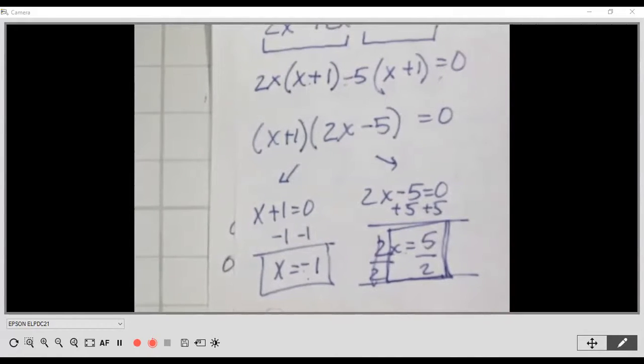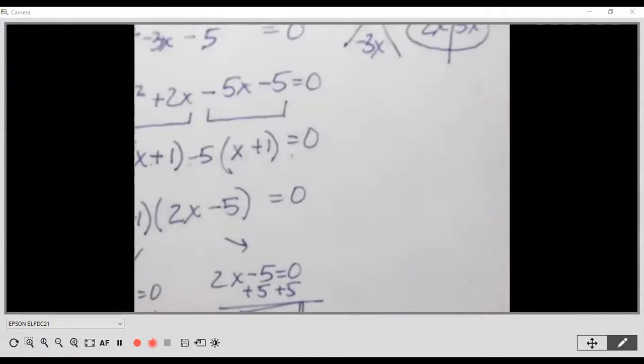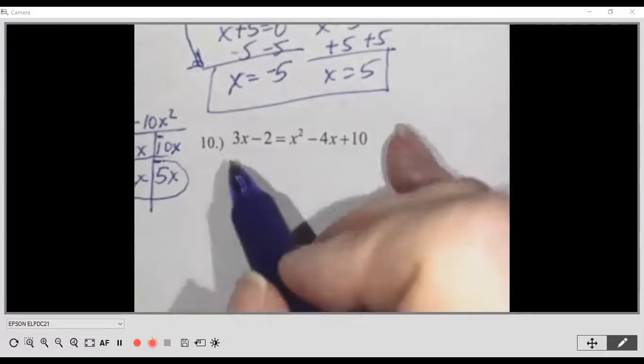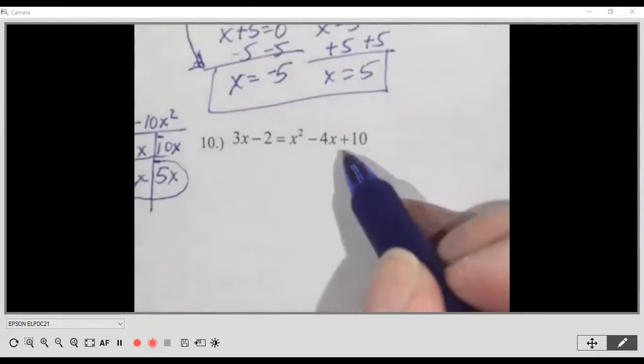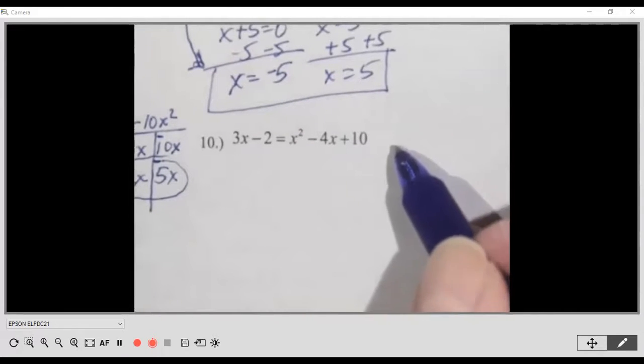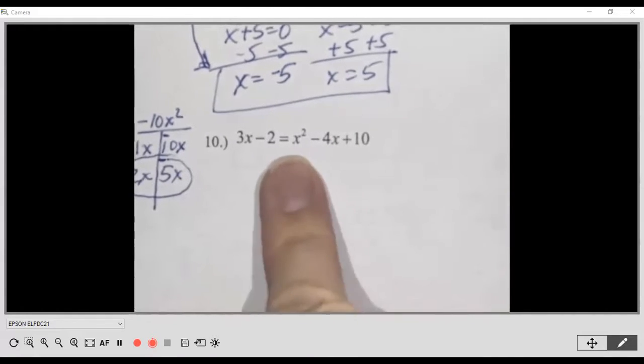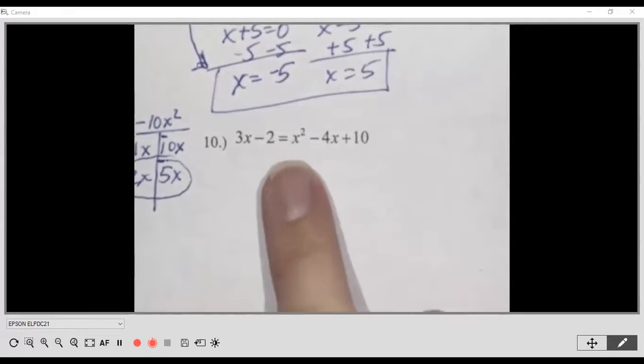And moving on to number 10. 3x minus 2 equals x squared minus 4x plus 10. My leading coefficient is the x squared. It's only on the right-hand side, and it's already positive, so my preference is to just leave it where it is.